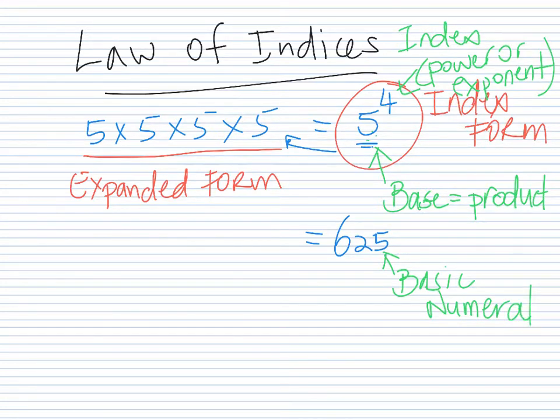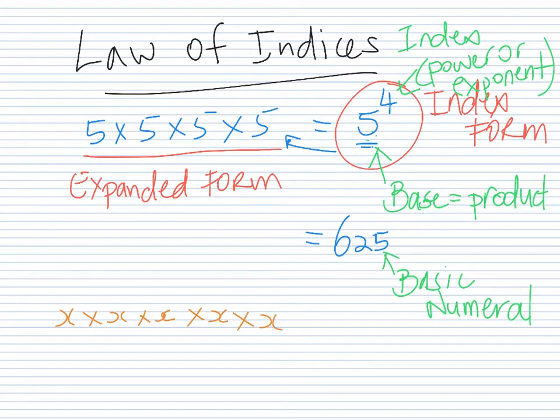Sometimes in maths though, we don't always have numbers. So instead we have letters that represent numbers, and often these numbers are unknown. So you might see x by x by x by x by x.